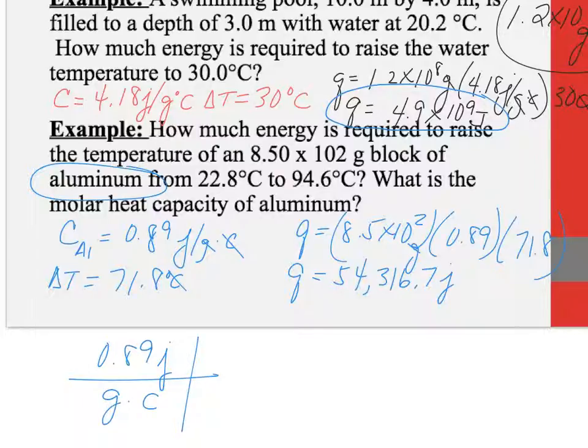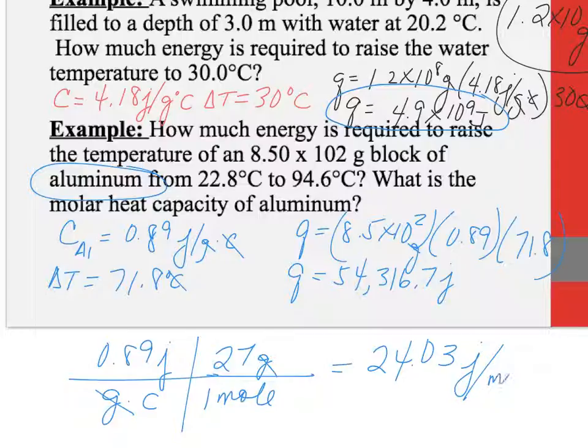We need this for a mole, and 1 mole of aluminum is approximately 27 grams. Our grams cancel, and this gives us joules per mole, which is 24.03 joules per mole dot Celsius.